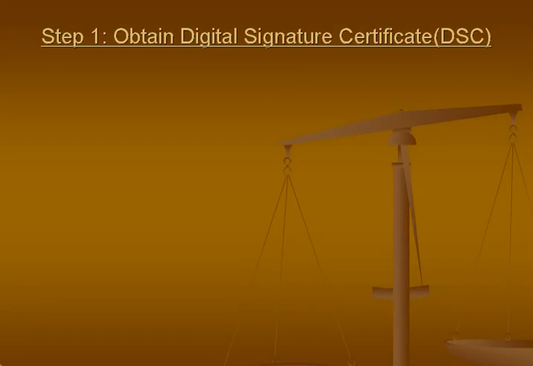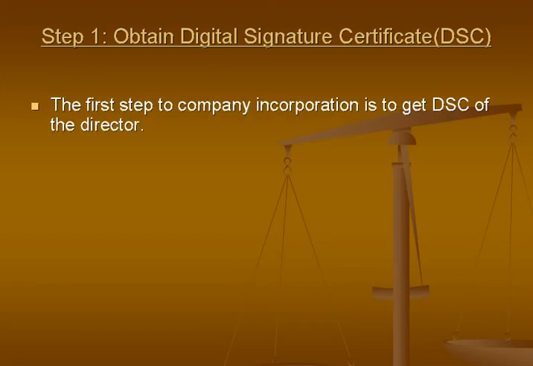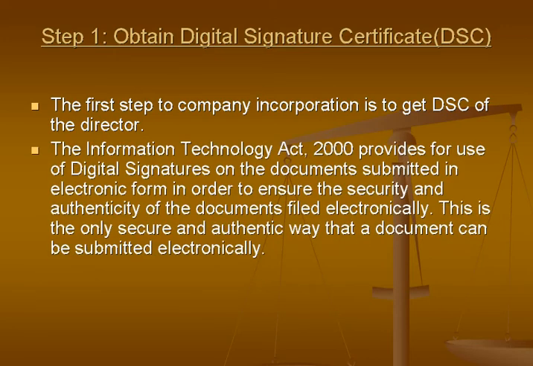Now the first step is to obtain the digital signature certificate, DSC. It is the first step for company incorporation to get the DSC of the director. The Information Technology Act 2000 provides for use of digital signatures on the documents submitted in electronic form in order to ensure the security and authenticity of the documents filed electronically.